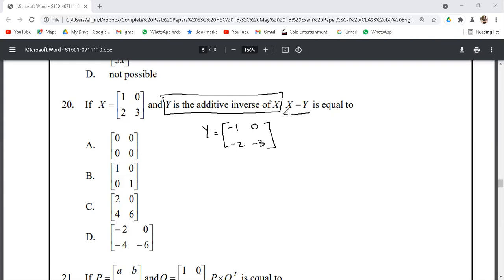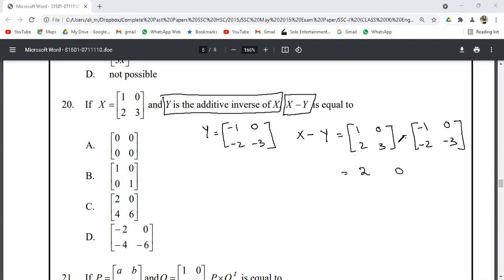हमें ऑपरेशन परफॉर्म करके दिखाना है x minus y. So x minus y will be equal to the value of x, 0, 1, 2 and 3, minus -1, 0, -2 and -3. इसे अगर हम सॉल्व करेंगे तो 1 माइनस इंटू माइनस प्लस, so 1 plus 1 will become 2, 0, 2 minus -2, minus minus will become plus 2, so 2 plus 2 will become 4 and 3 plus 3 will become 6.